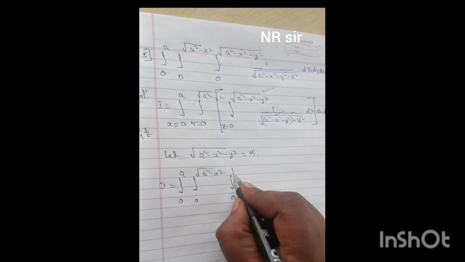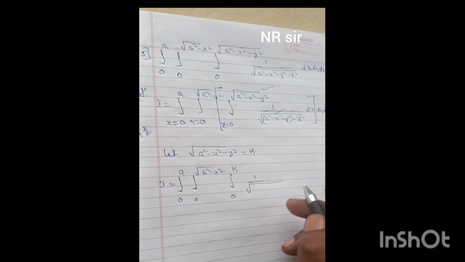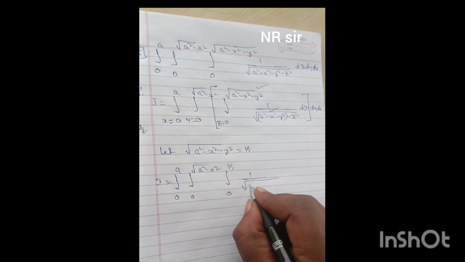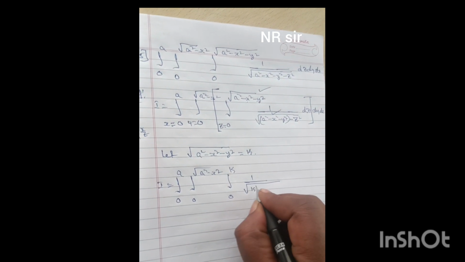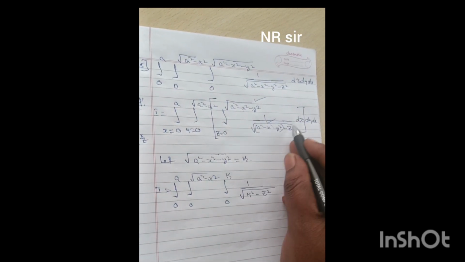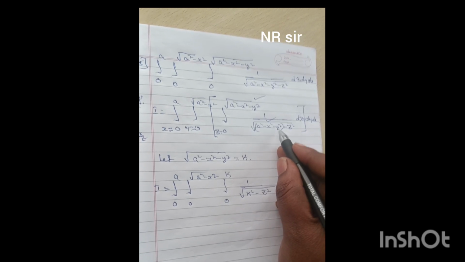Now it will become 1 divided by square root of k square minus z square. Here, under the square root we have a square minus x square minus y square.